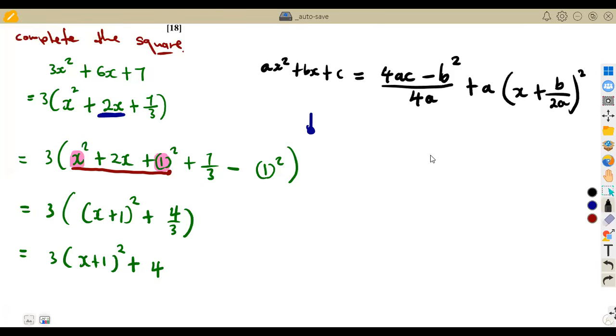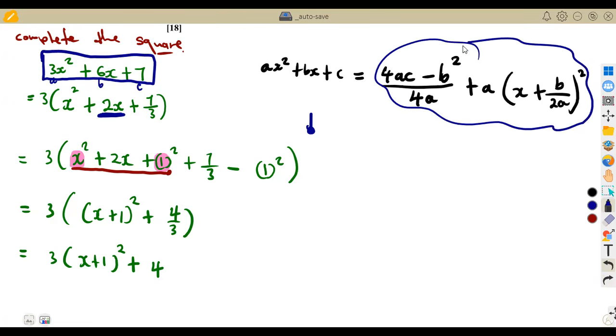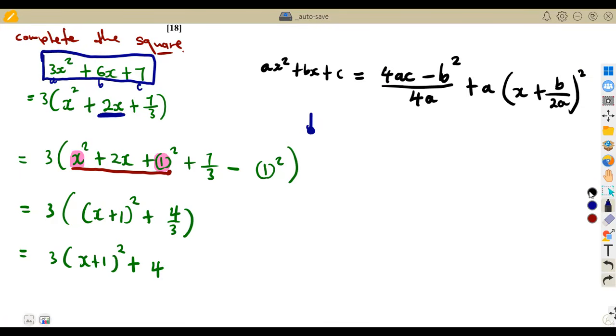All right. So what the formula states is that if you're given your quadratic expression in this form of ax squared plus bx plus c, which is the format that we have here, 3x squared plus 6x plus 7, where our a is 3, our b is 6, our c is 7, we can write it as a completed square in this format, already factorized.